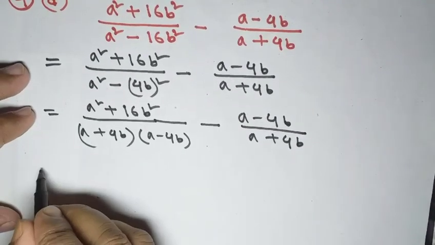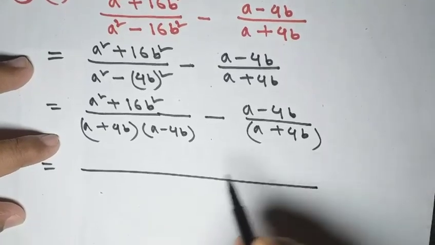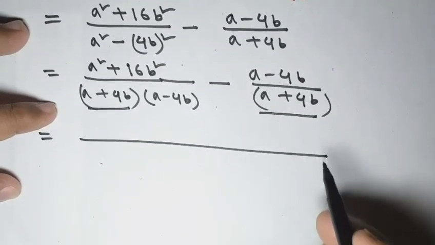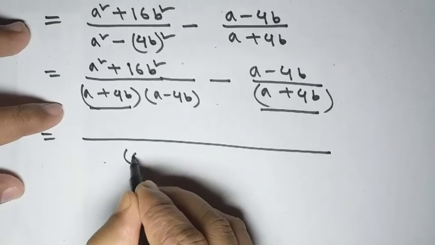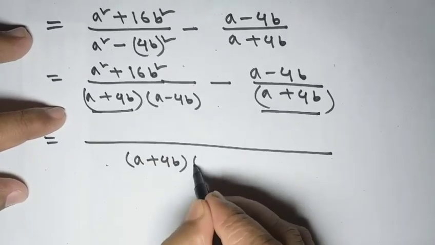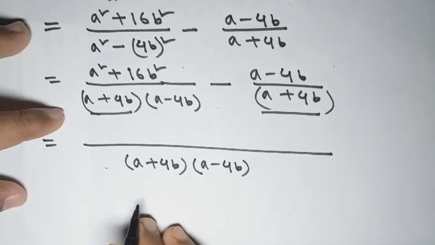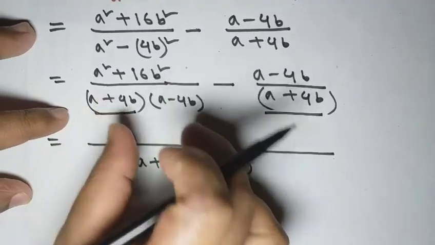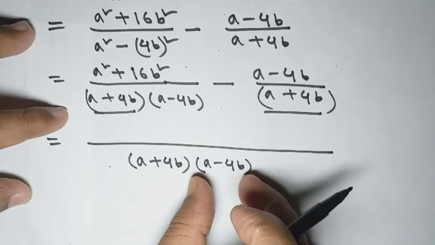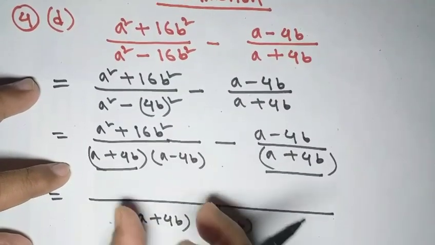Now we will do the LCM. So what is the LCM? A plus 4b and a plus 4b are common. So we will write a plus 4b, and a minus 4b remains here. If we divide a plus 4b into a minus 4b by this one, we will get 1. That means that is a match.